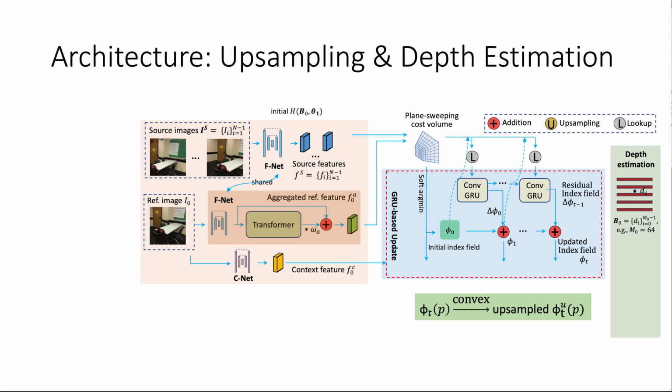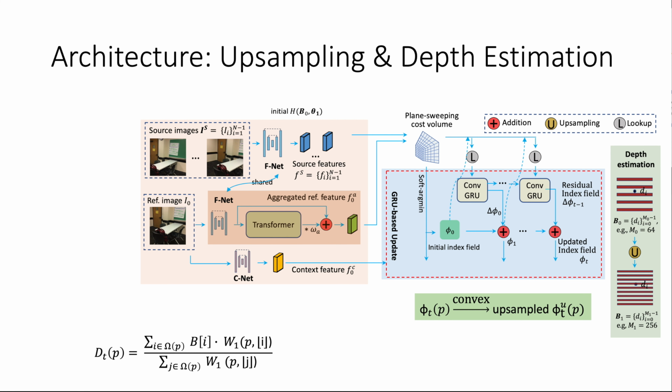If we directly use the upsampled index fields to sample the planes, we see discontinuities in the predicted depth map. To mitigate this issue, we propose to use more densely sampled depth planes. For example, we sample 256 depth hypotheses for depth plane sampling using the upsampled index fields.